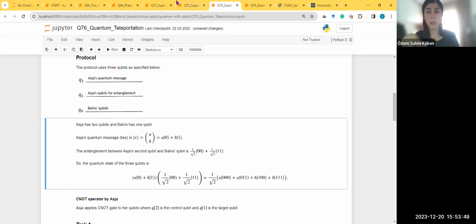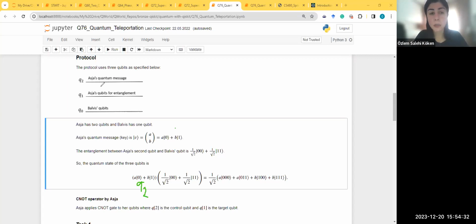Any questions about this, either in the maths or in the concept? Any questions? Okay. Yes, I can repeat, of course. Q2, the first qubit, is the quantum state Asya would like to send. So this is Q2. This is A0 plus B1.